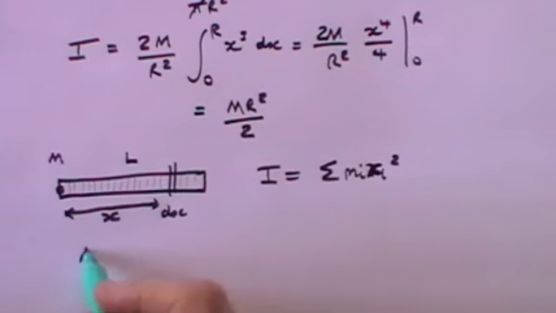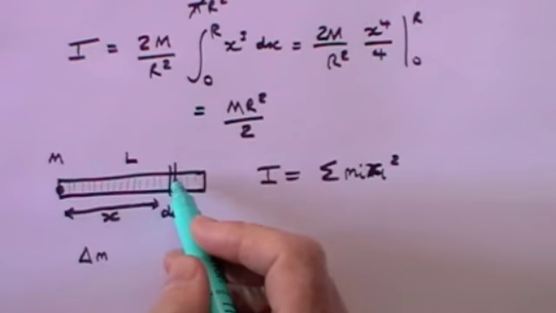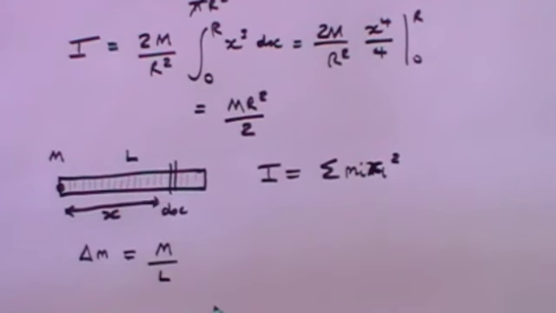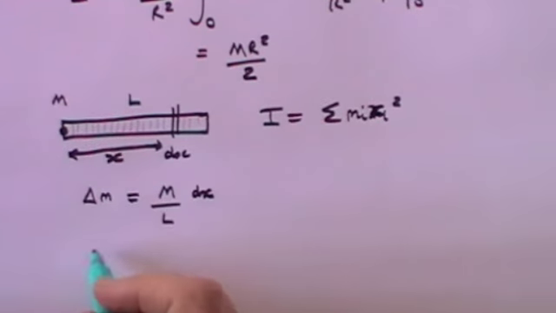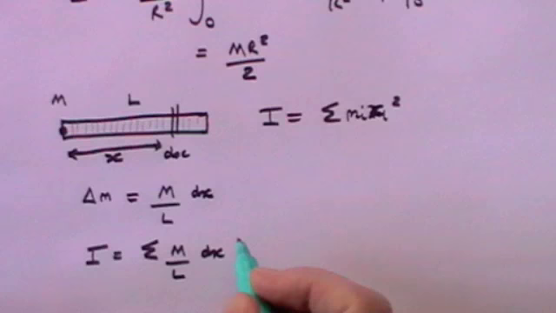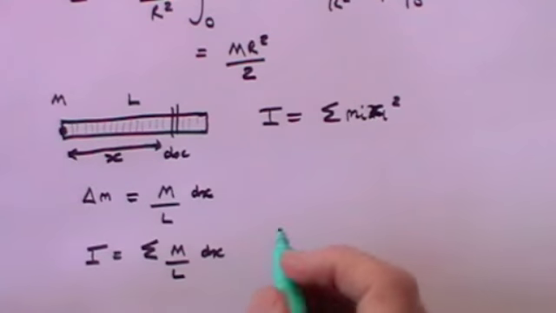The mass of that little element here is going to be the mass per unit length, which is the one-dimensional equivalent of density, times the length itself, dx. And that means that the moment of inertia is going to be the sigma m, which is m over L dx, times x squared.